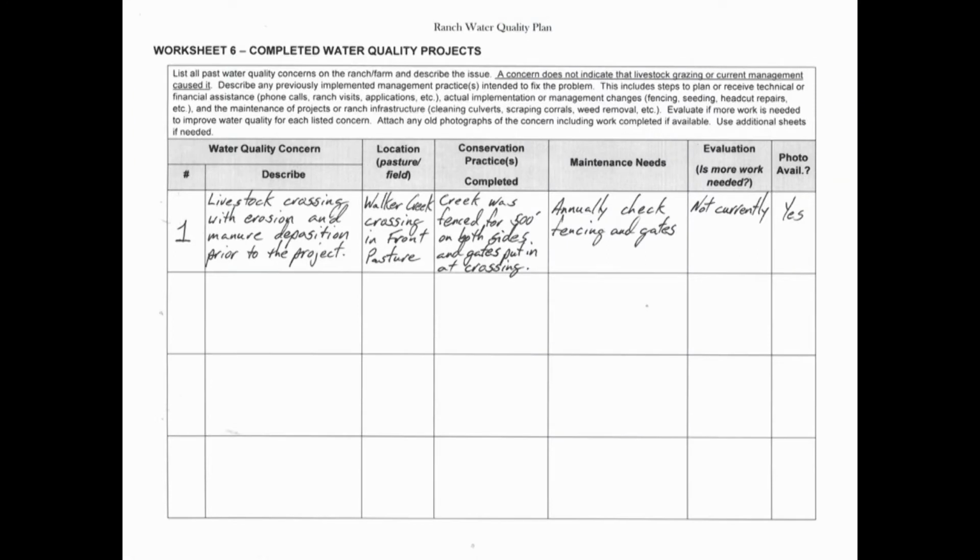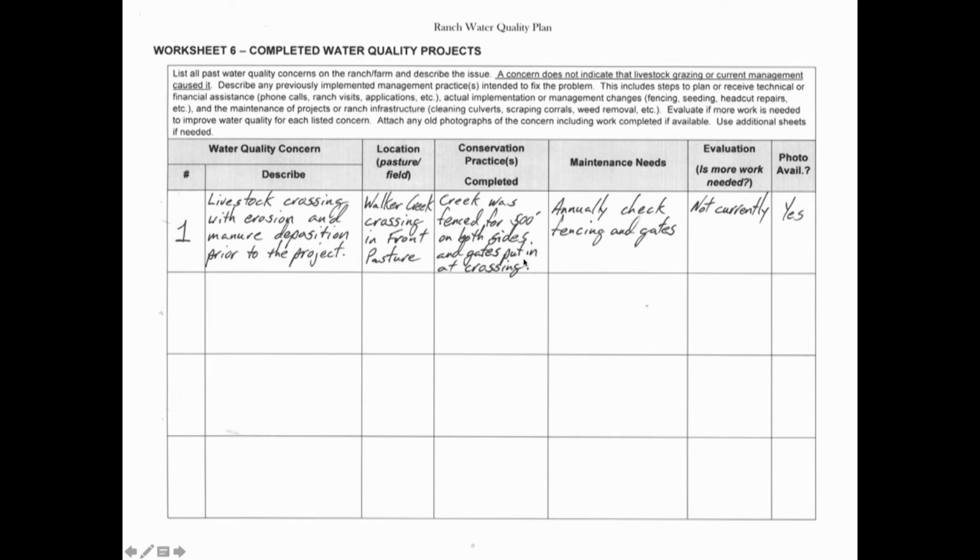Filling out Worksheet 6 for this site includes the site number that makes sense to you, a description of the concern and livestock use, a location using ranch pasture and location names, and today we're calling this Site 1. It's a livestock crossing with erosion and manure deposition prior to the project. This is on Walker Creek in the front pasture.